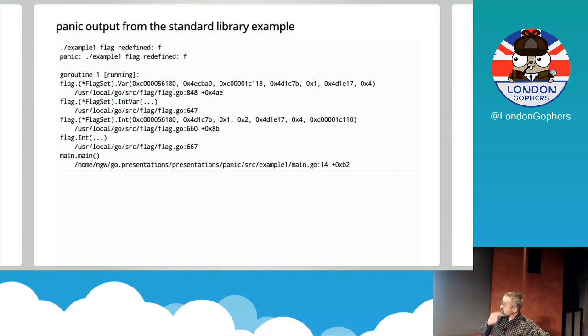And now there's a little bit more of interest here. You see main calls flag.Int, and it calls it from line 14 in main.go. Then you remember I said that the first 10 parameters are printed out. Well, we're not seeing that here, and that's because flag.Int is a very simple function which just calls the Int method on the flag set object, and it uses some default value.